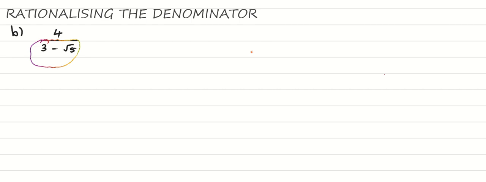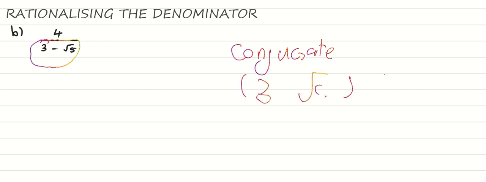So if we have a binomial, in our case 3 minus root 5, the conjugate of this value is going to be the same values, right? 3 and root 5, but with the opposite sign. In our case, that would be positive. And that is what we multiply by.